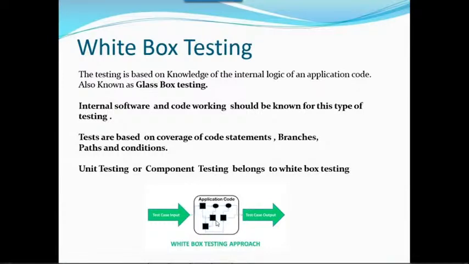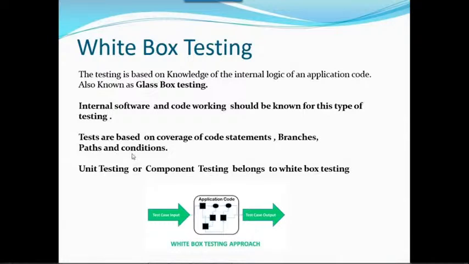Because the developer is able to see the code. In a white box, whatever you write, we are able to see that code. That's the reason it's called a white box, or structural testing.